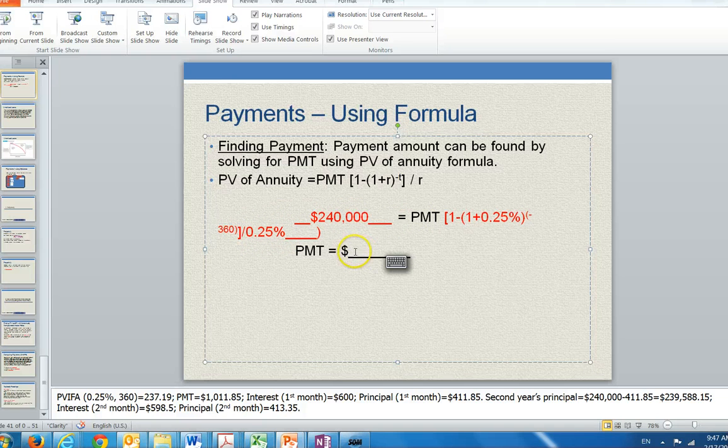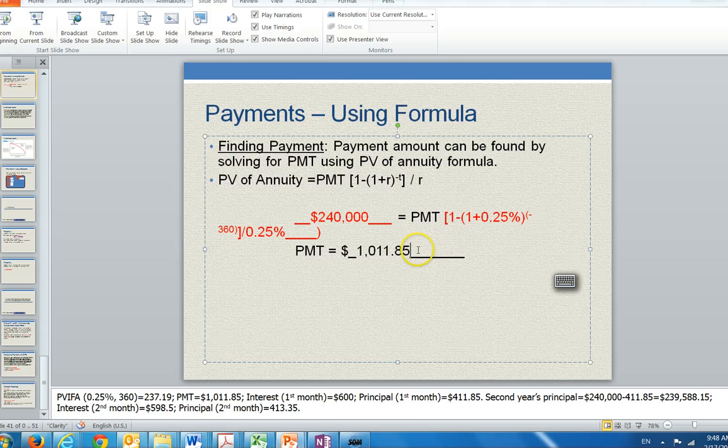If we do that, we can solve for the payment, which is $1,011.85. So based on the house price and the number of years for the loan, our monthly payment will be $1,011.85. That's how much we have to pay for the loan every month.